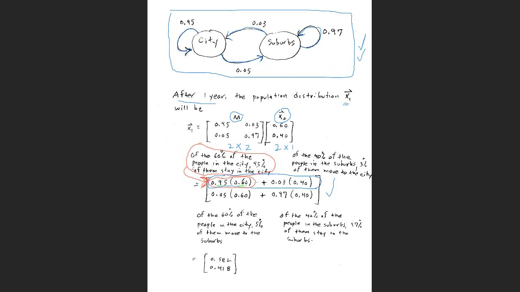On the other hand, the second part, 0.03 times 0.40, let's interpret that. That means that of the 40% of people in the suburbs, 3% of them move to the city. If 40% of people are living in the suburbs and 3% of them move to the city, we know that from the migration matrix.